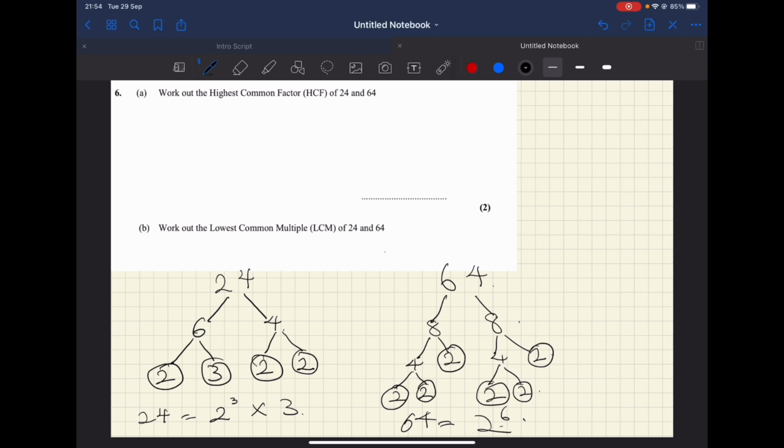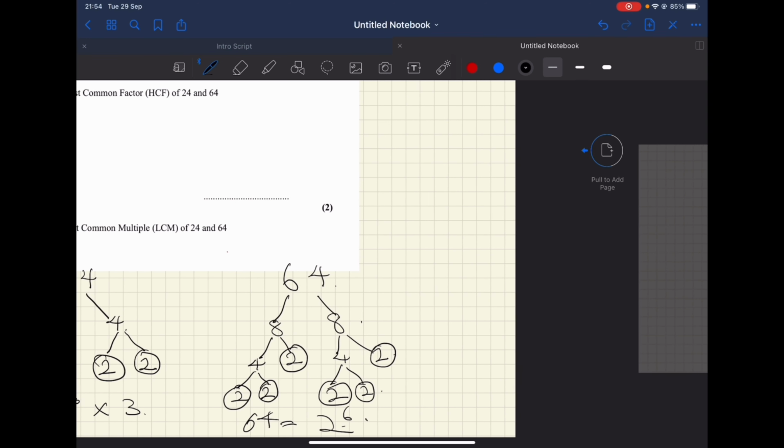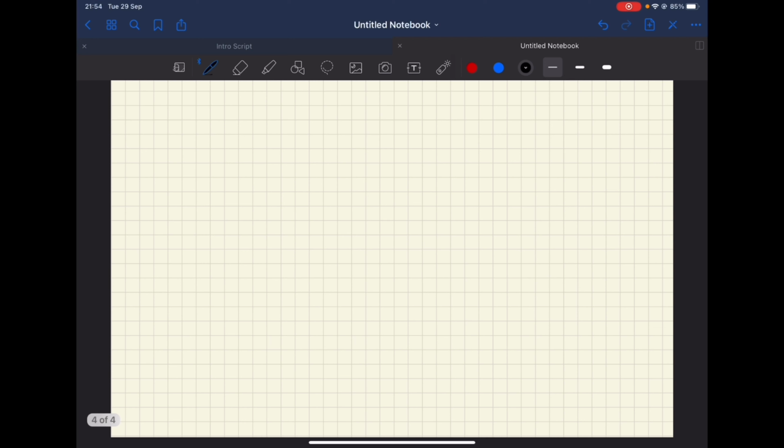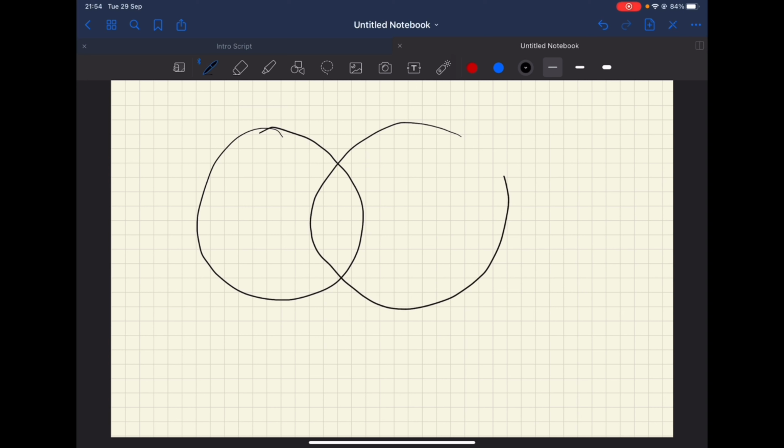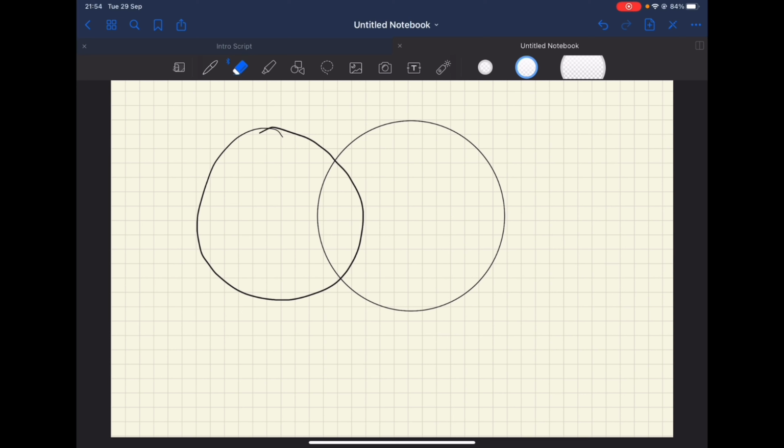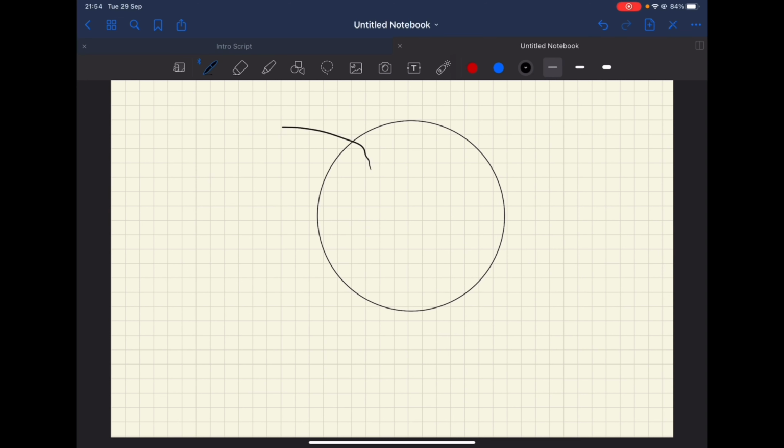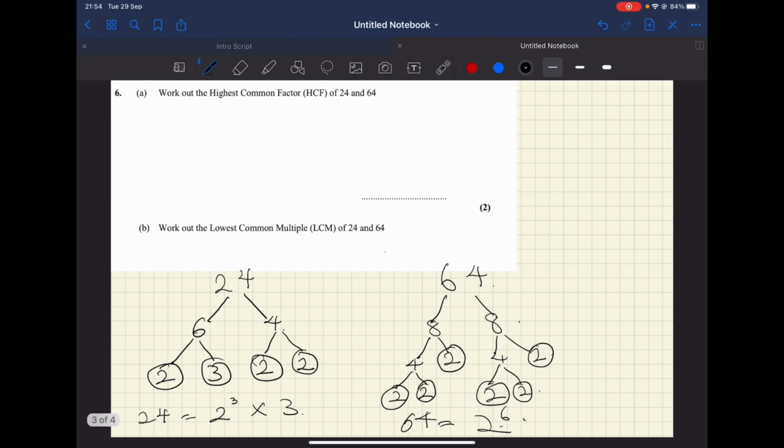All right, the next step is for us to draw our Venn diagram. Okay, there's some fancy artwork.